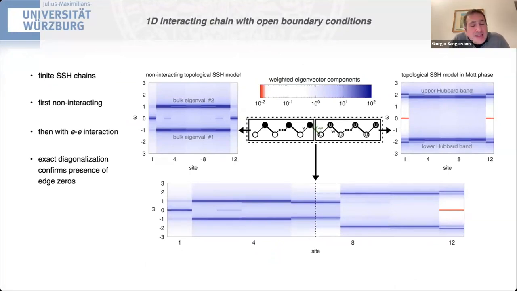So the statement here is that if they are in the same topological class, and if they have the same non-trivial value of the invariant, then they will hybridize. So I cannot answer the question whether you have a completely different interacting topological class. Imagine you form a completely different state on the right.